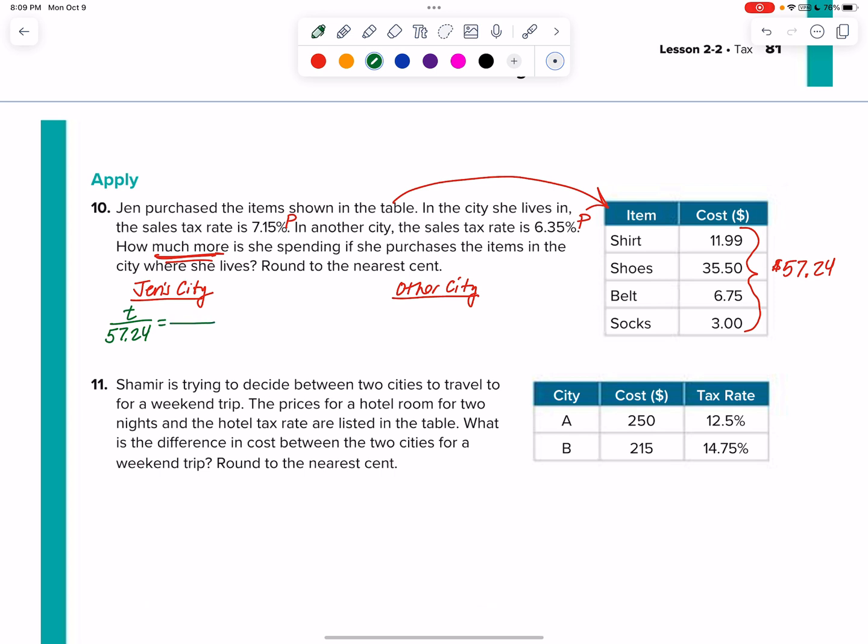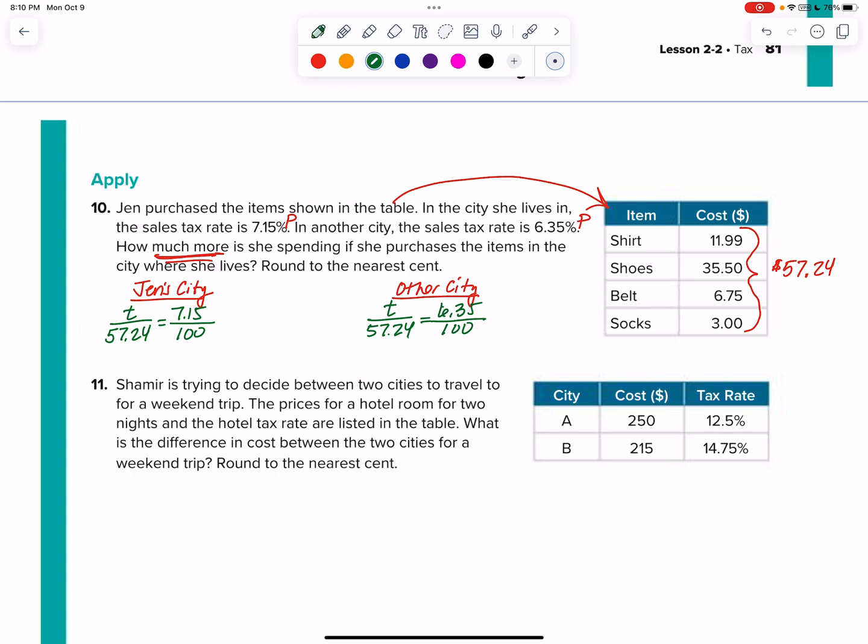I know the tax rate in her city, and I'm looking up to be careful, is 7.15%. It's always out of 100. I'm just going to set up the template, the proportion, for the other city as well. It's the same cost of items, but the sales tax here is 6.35, and it's out of 100.